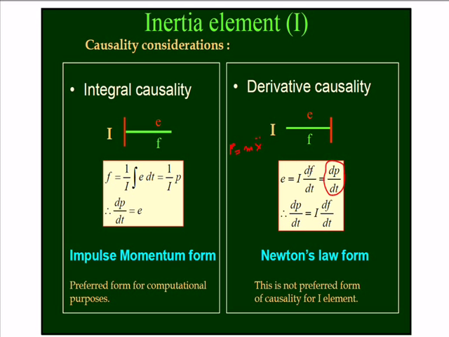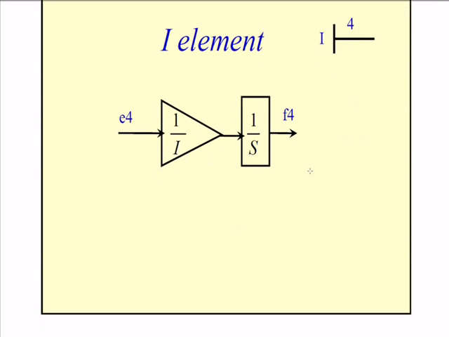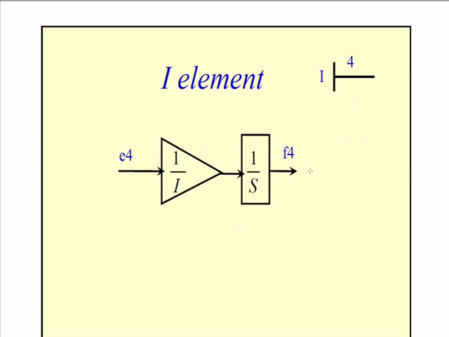But I would like to have you concentrate on these three elements. We will do the others later, but in this case, look at the I element, and then we have the C element before.